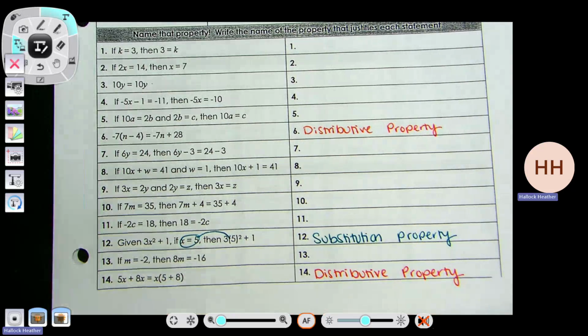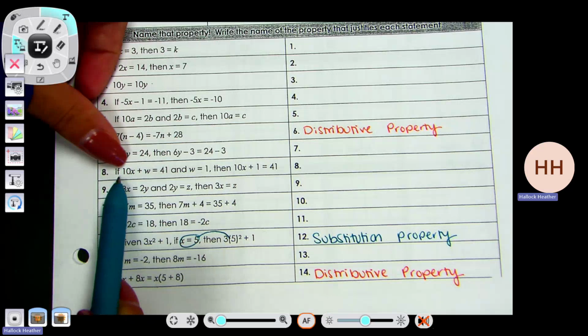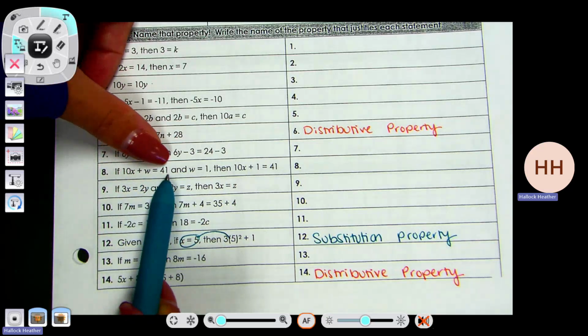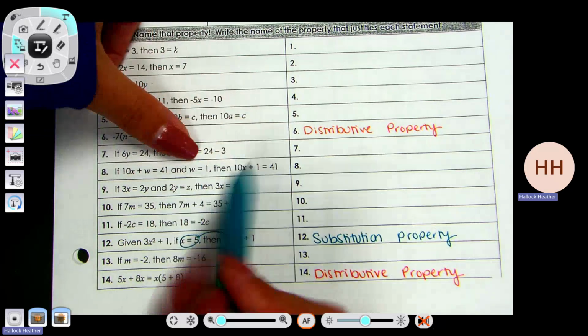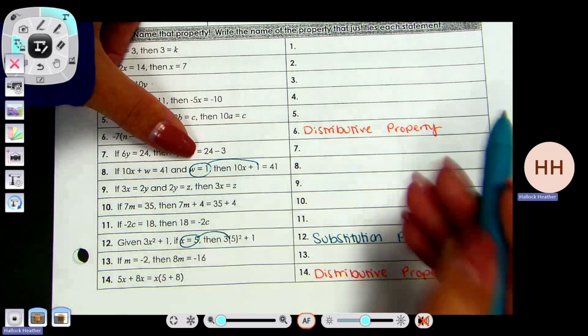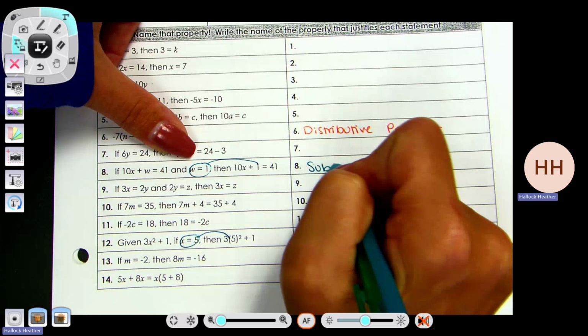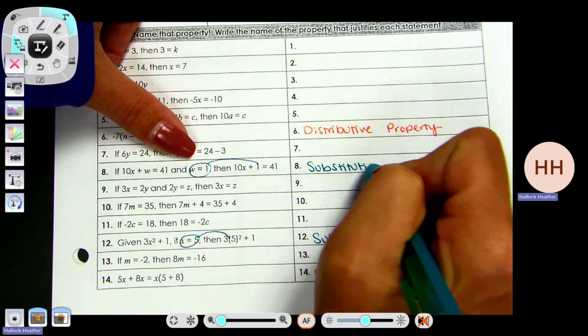The other one that represents substitution property is technically number 8. 8 says if 10x plus w equals 41, w equals 1, then 10x plus 1 equals 41. Because they're taking it, they're plugging it in. Substitution.